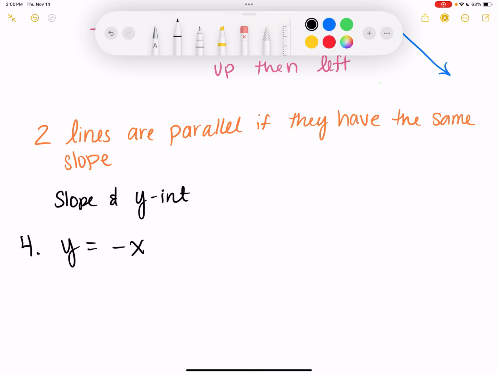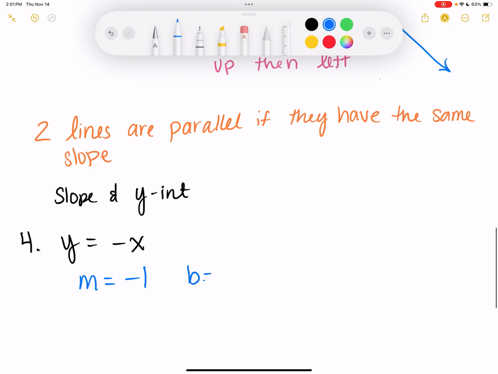So what would the slope be for this one? Remember, that's always the number in front of x. Yep, -1. Now, semi-trick question, what is the y-intercept? It is 0, okay? Because there is nothing there.